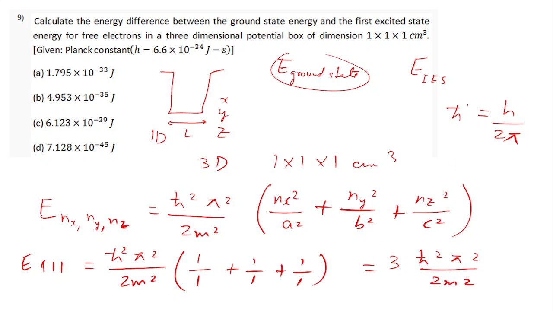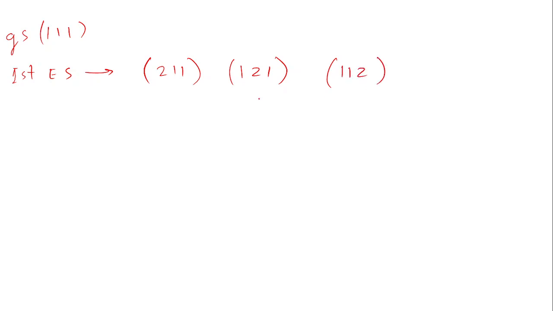Now let's see the energy of the first excited state. So the ground state was 1, 1, 1. Now the first excited state can be 2, 1, 1 or 1, 2, 1 or 1, 1, 2.